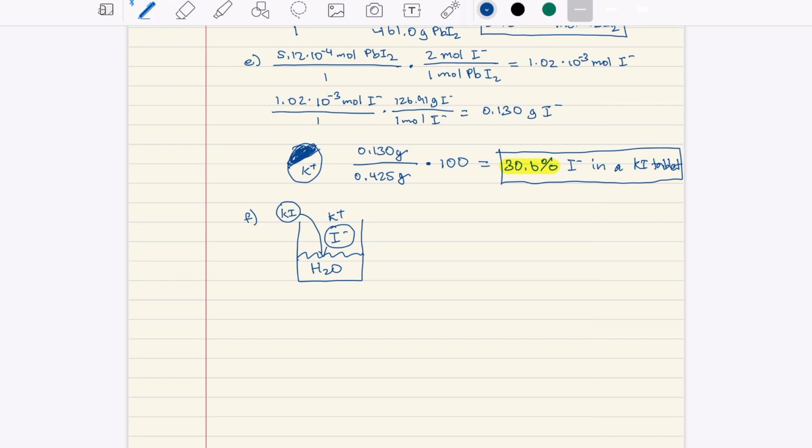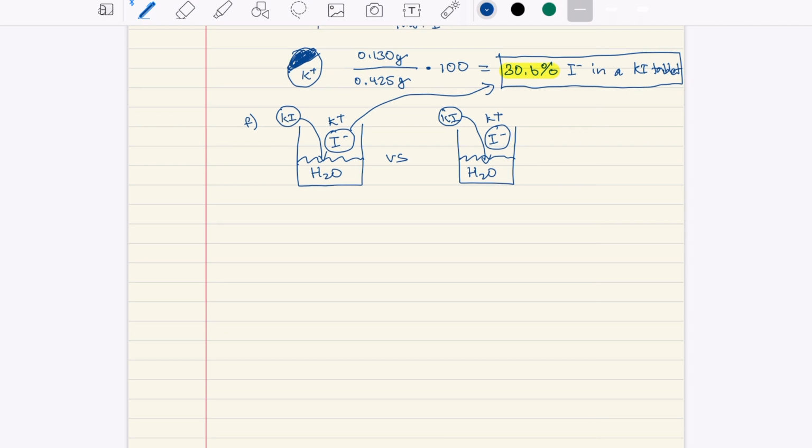Now we have another beaker in a different experiment. Instead of 50 milliliters of water, we have 55 milliliters of water. The same tablet, KI, going in, and the precipitate PbI2 came out, and we used that mass to calculate the percent mass.